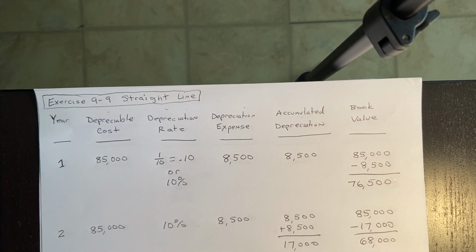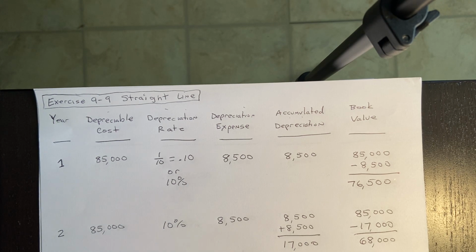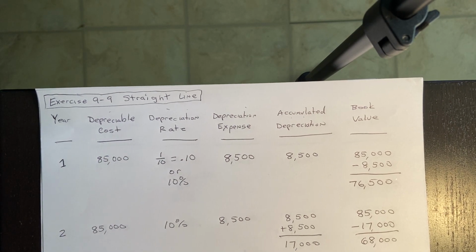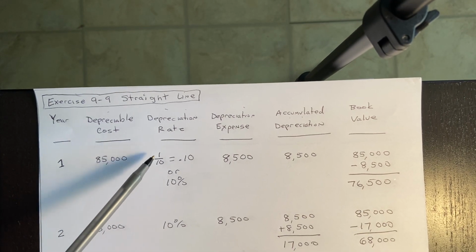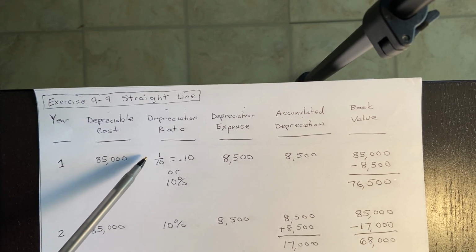Depreciable cost is what you paid for the asset less any residual value. Since this problem doesn't have any residual value, the depreciable cost and the cost are going to be the same because there's no residual value. That's why I got 85,000 here. Depreciation rate is the years, in this case 10, that's the denominator, and what's over it is 1.